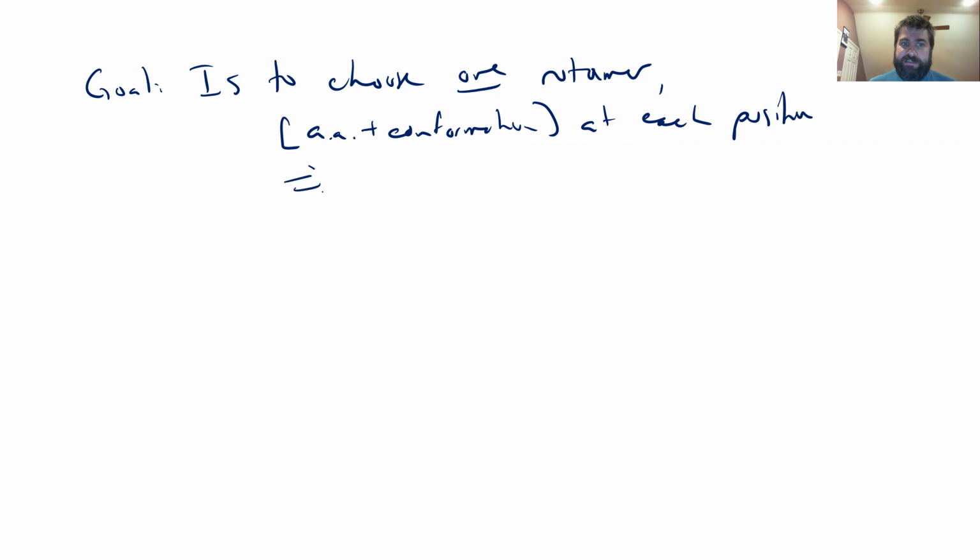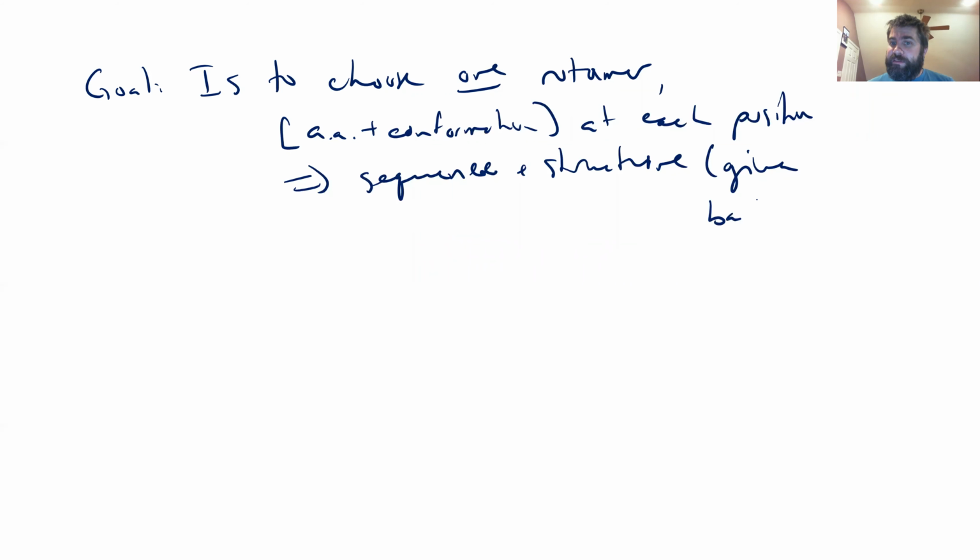And this will give us a final sequence plus structure when we know that we're also given a backbone structure, which is the target structure in design.